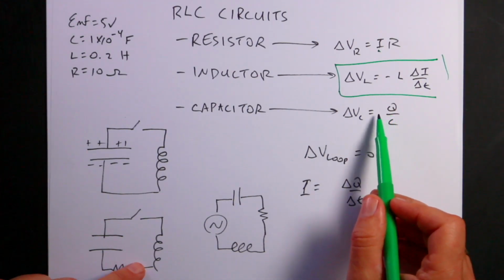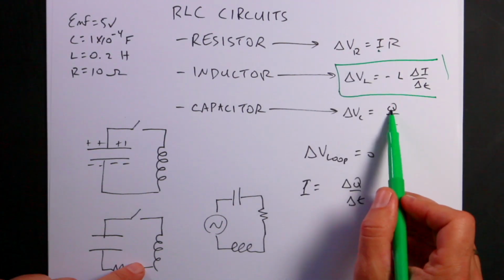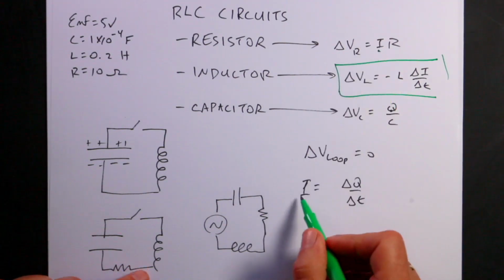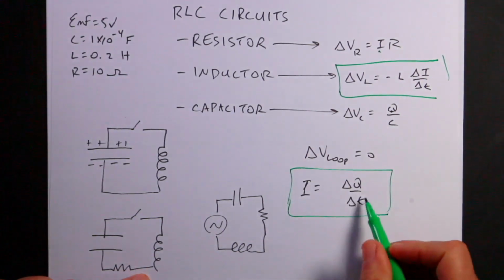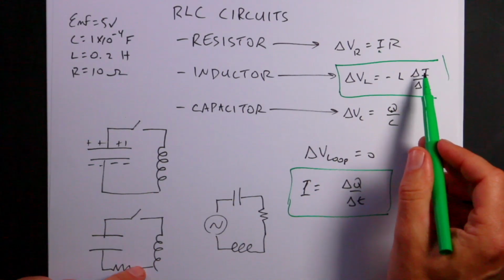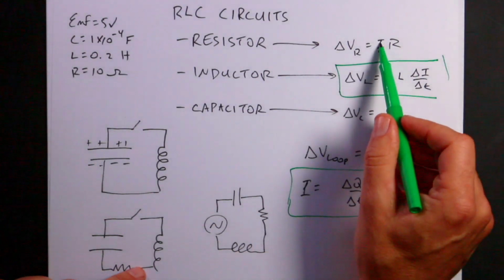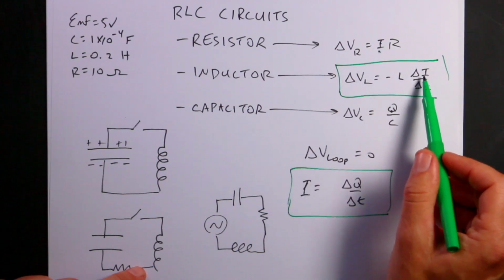And so these are all related to charge, right? Because here we have the charge, and then the current is the rate of change of charge. And then this is the rate of change of the rate of change. So it's sort of like Q, the rate of change of Q, the rate of change of I.